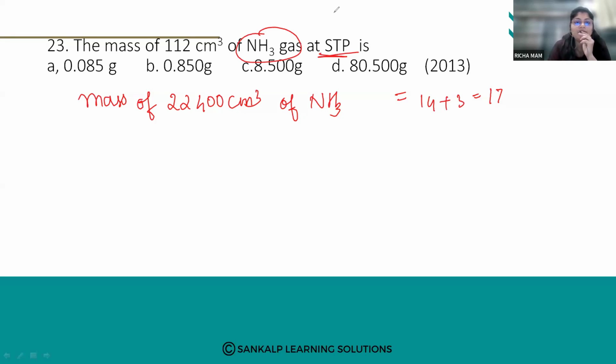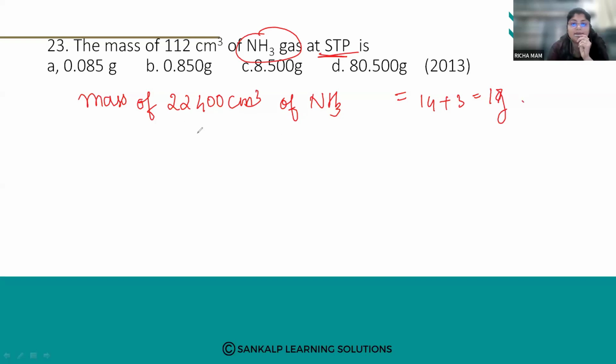So the mass of 22,400 cm cube of NH3 is 14 plus 3, that is 17 grams.